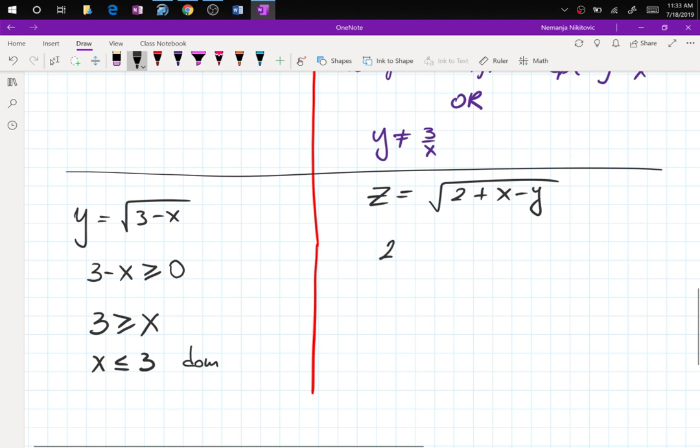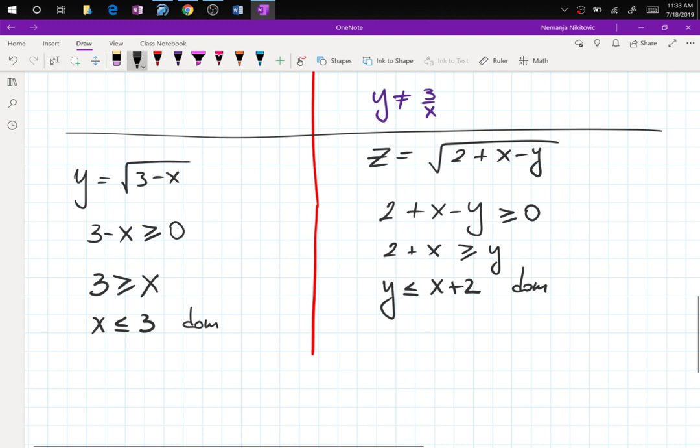So you will write immediately that 2 plus x minus y must be bigger or equal to 0. All you need to do is move y to the other side, and you already have the solution. So 2 plus x is greater or equal to y, which means y is smaller or equal to x plus 2. This is your domain, all values that satisfy this inequality.